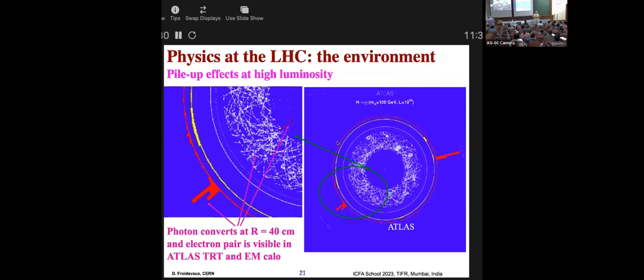So pile-up is part of our lives, but if you work on physics as a PhD student, you will tend to forget about it. If you work on performance, like how well I can reconstruct a jet or an electron, which is sensitive to pile-up, then you will have to deal with it because you will perhaps want to improve the performance. But by now we have 10 years of work already put into improving the performance.